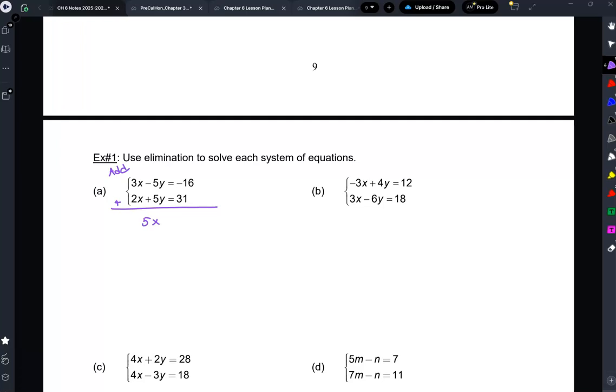Negative 5y, positive 5y goes away, equals negative 16 plus 31, how much? 15. Okay. Divide by 5, divide by 5.